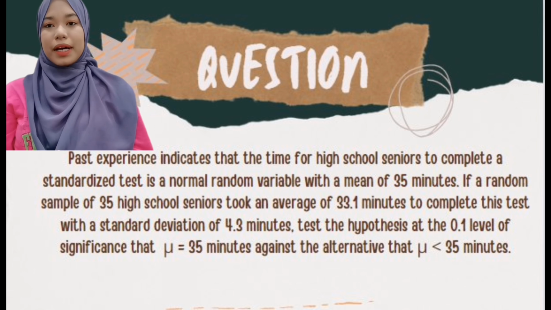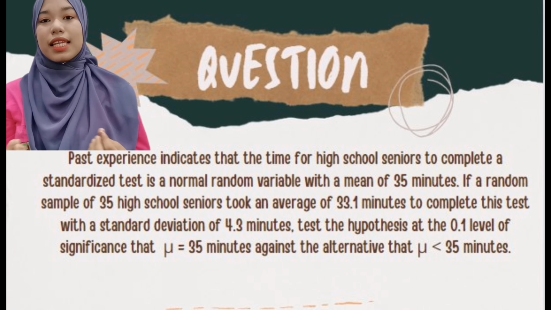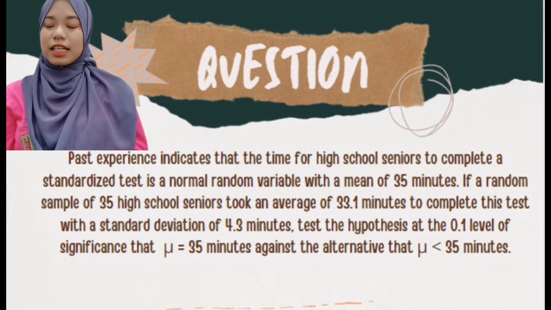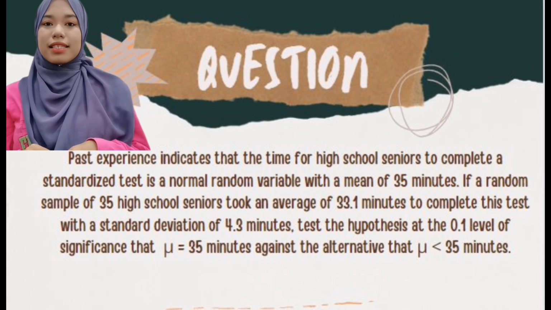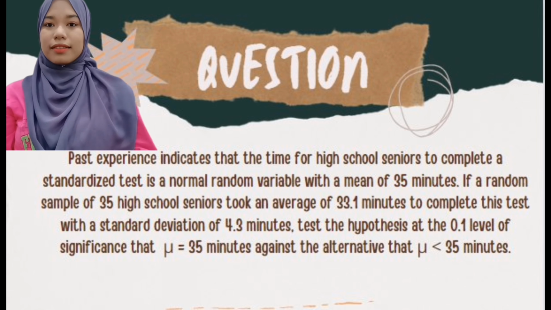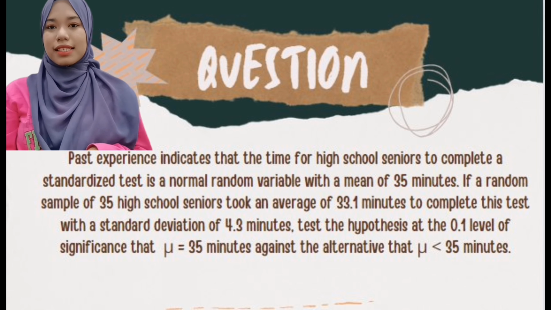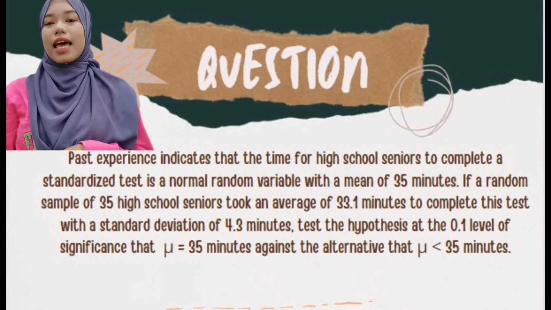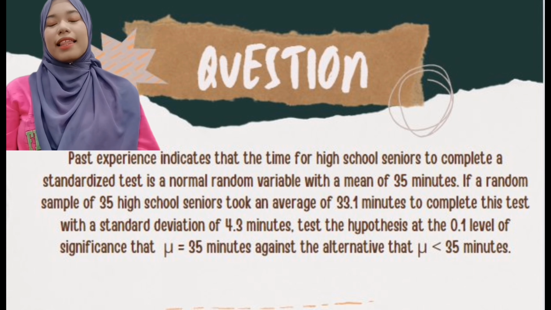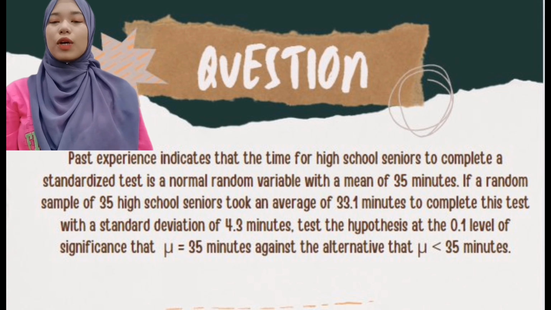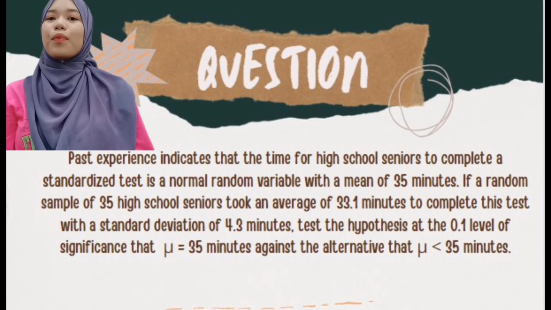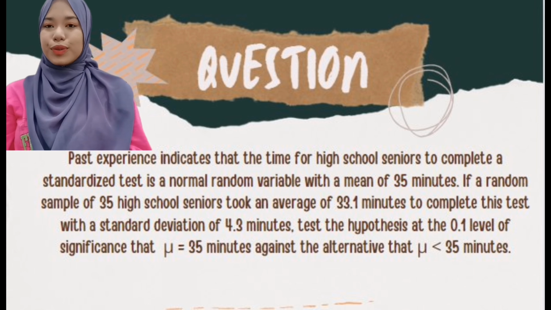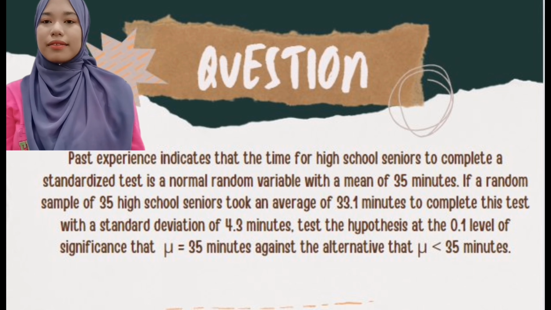If a random sample of 35 high school seniors takes an average of 33.1 minutes to complete this test with a standard deviation of 4.3 minutes, test the hypothesis at the 0.1 level of significance that the population mean equals 35 minutes against the alternative that the population mean is less than 35 minutes.